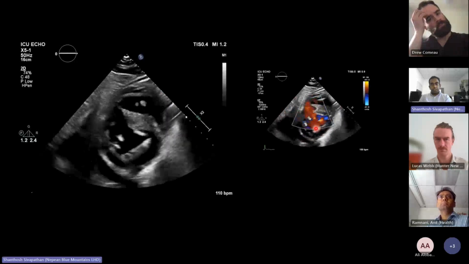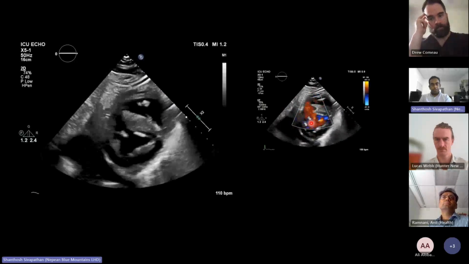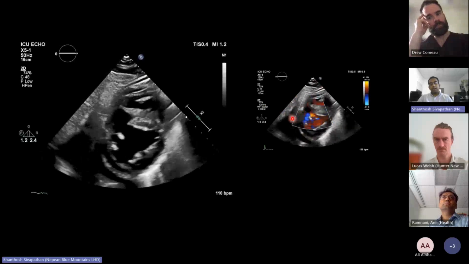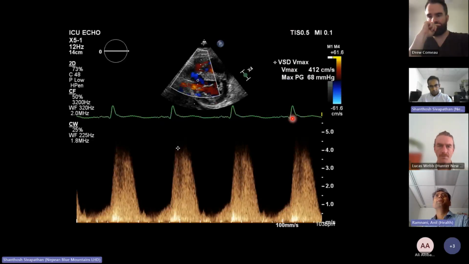So color shows that you've got a significant amount of flow going from the left to the right ventricle. Does this help you as well? This Doppler, going by basic principles, is just showing you that it is flowing in that direction, from the left to the right.